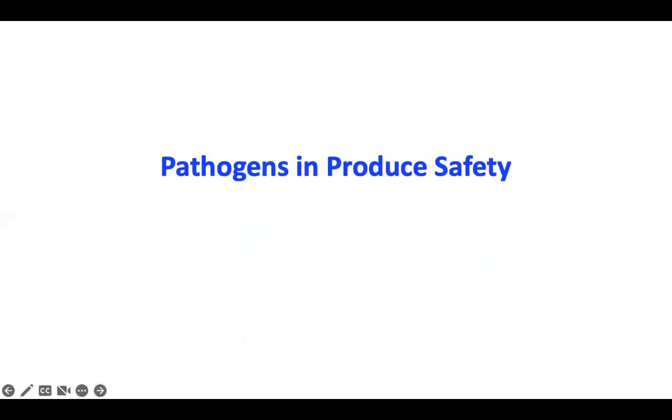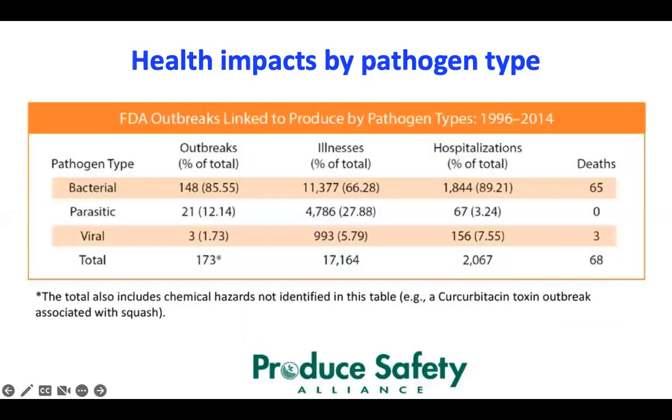First of all, we're going to talk about pathogens in produce safety. As previously mentioned, there have been a variety of pathogens associated with fresh produce outbreaks, including bacterial pathogens, viruses, and parasites.